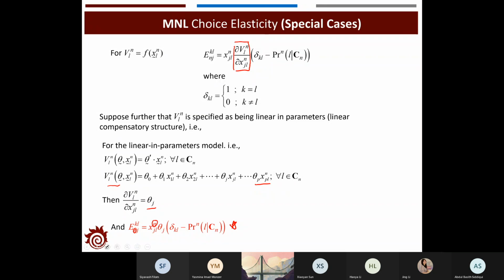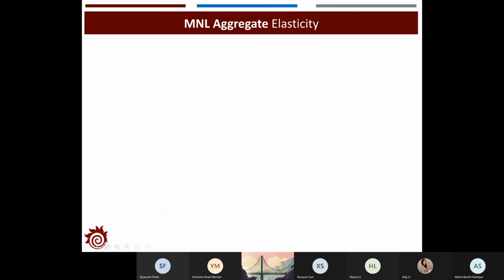So with that, we want to see what the aggregate elasticity is, which means what the overall probability or flow changes, or the trip changes, are with respect to the changes of the variables, say the train ticket price.